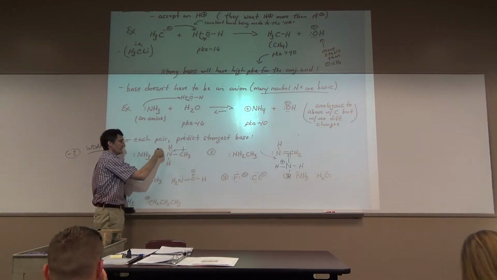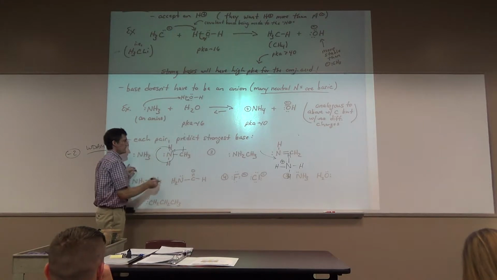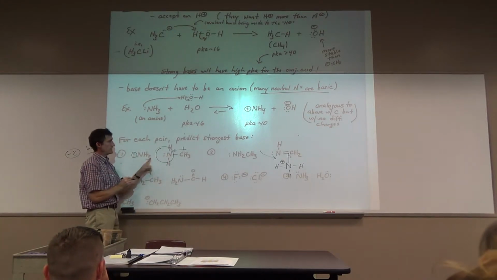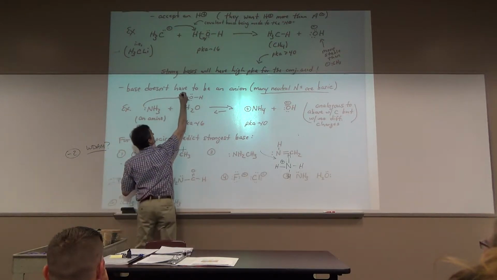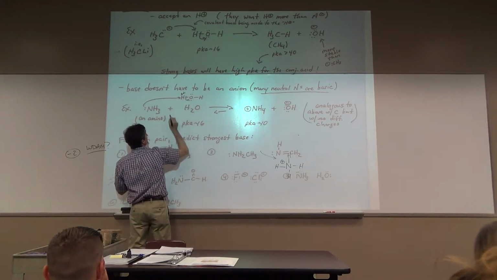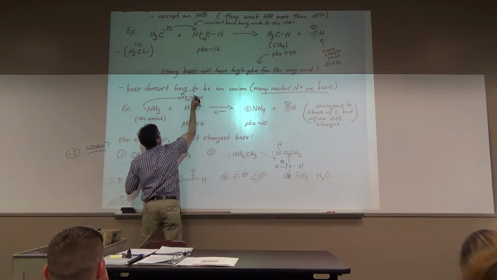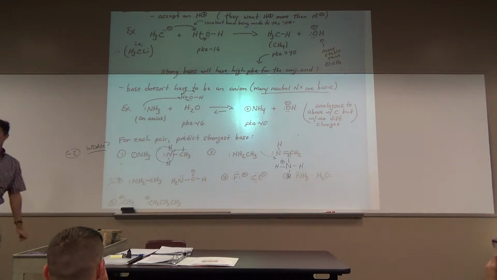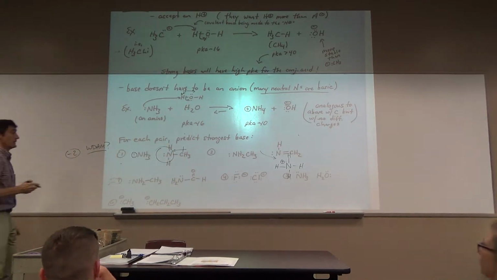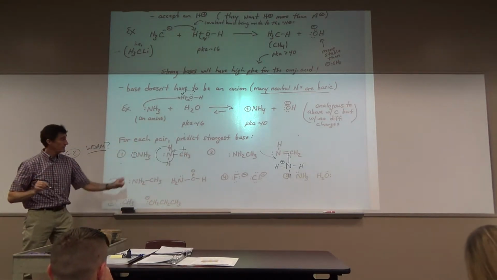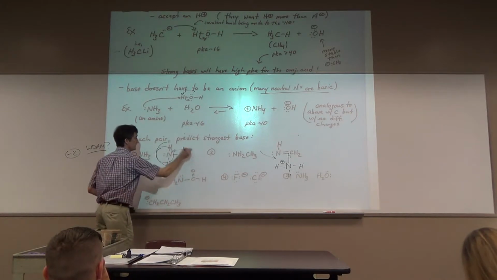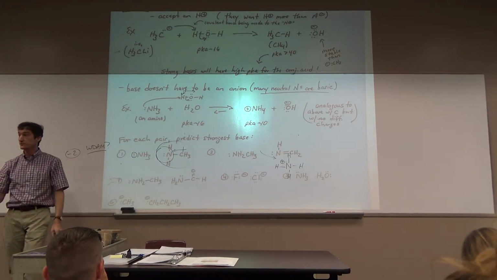That's increasing the electron density where this guy is. With more electron density, it's going to be more attracted to this partial positive H. That is a partial positive H, right? That's why that guy is there. So the more negative here, the more it's going to be attracted to your H, and it will thus be a stronger base. Yes, that's a stronger base because of that inductive effect.